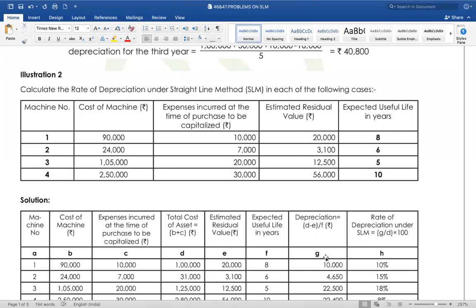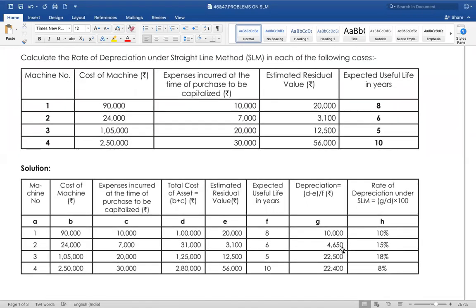Then similarly, the second machine: 24,000 is the cost and the expenses incurred, 7,000, 24 plus 7, 31,000. 31,000 minus 3,100, the scrap value, 27,900. Divided by 6, that gives you 4,650, the depreciation value.